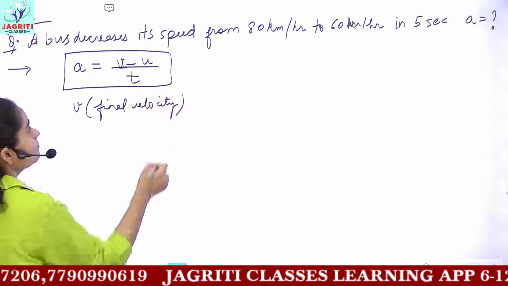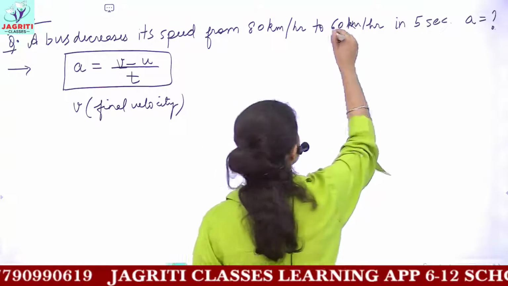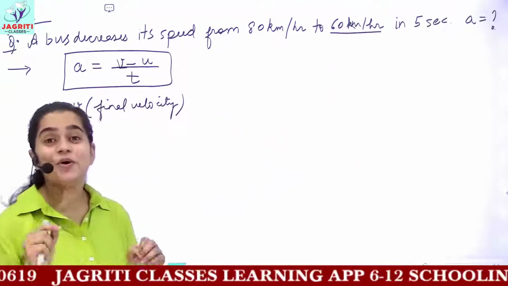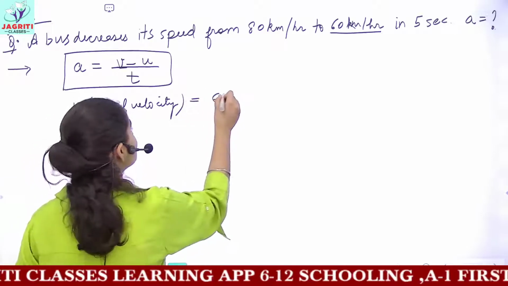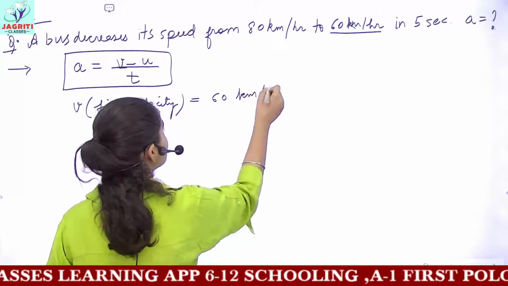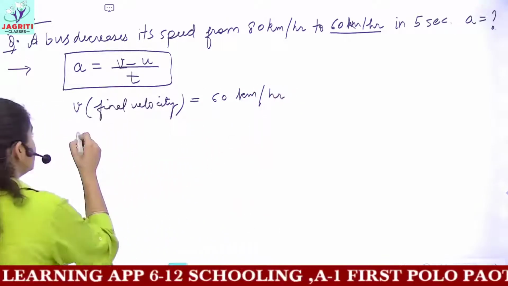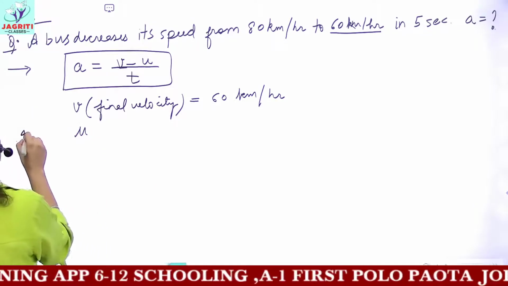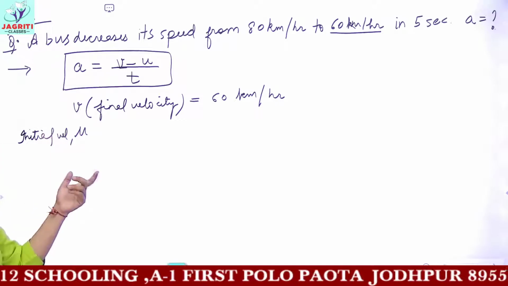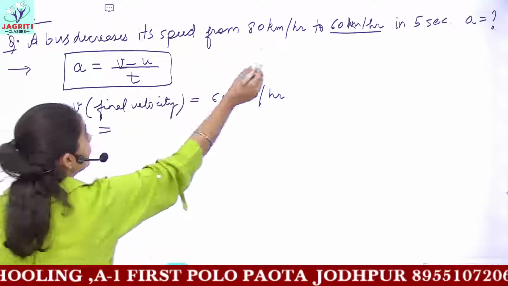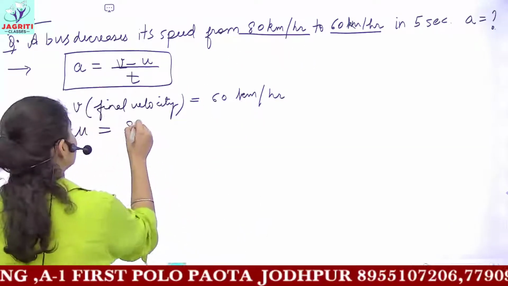So what is the final velocity? The final velocity of this bus is 60 kilometers per hour. So you are given final velocity to be 60 kilometer per hour. And what is u? U means initial velocity. So initial velocity u is 80 kilometers per hour.